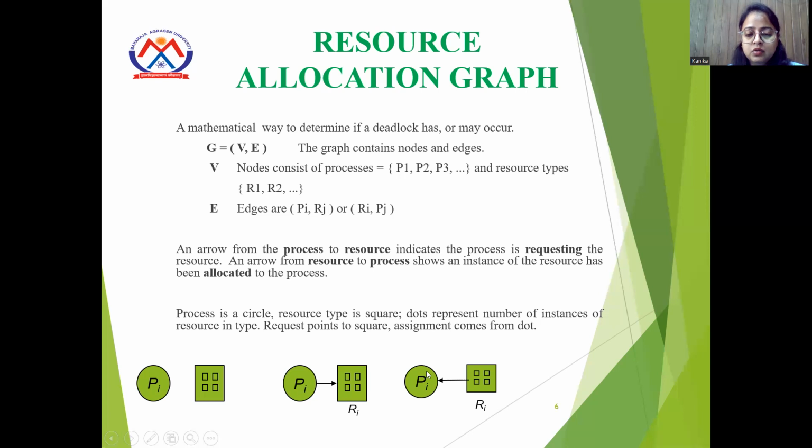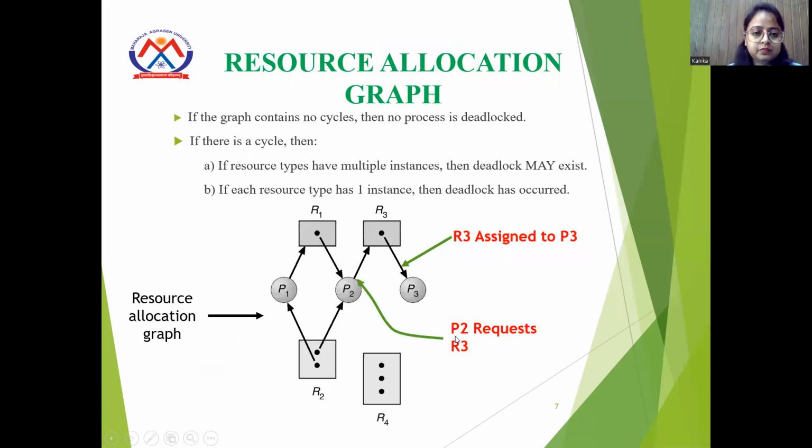And in the last diagram, an edge is towards Pi from Ri, which means the resource Ri is held by process Pi. The process is a circle, and the resource type is a square. Here four dots represent multiple instances of the resource. A request points to the square, and an assignment comes from the dot.